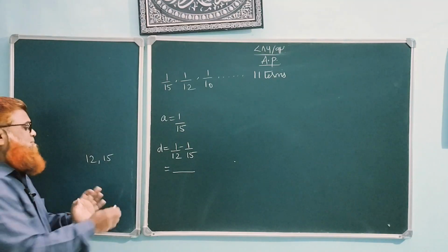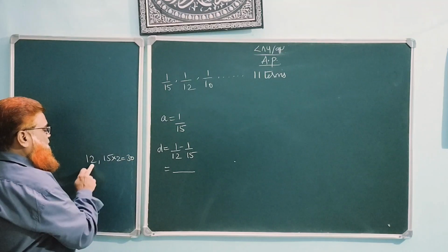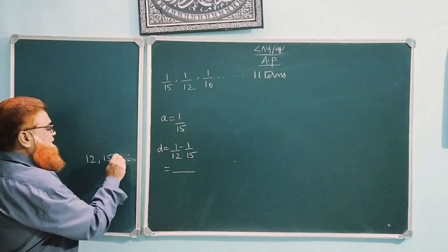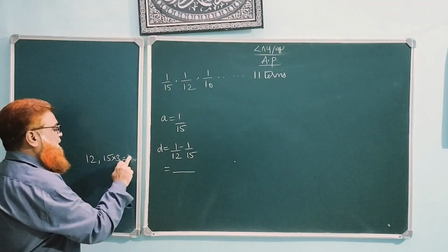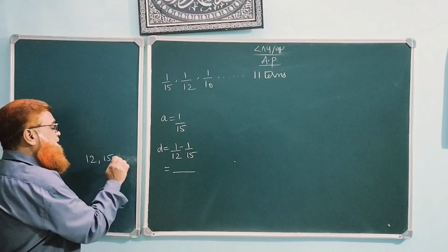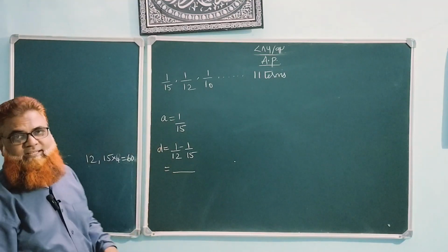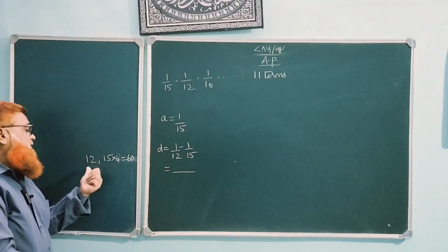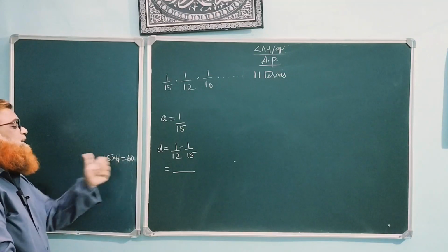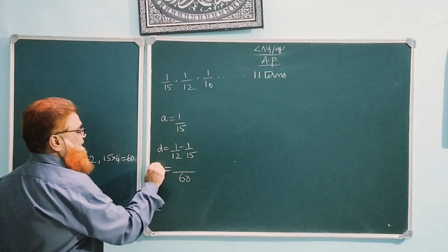That will be the LCM. 2 times 15 is 30, 12 does not divide. Multiply by 3, 45, again 12 does not divide. Multiply by 4, 60, 12 divides 60. Then we can say that the LCM of 12 and 15 is 60. Alright, I write 60 here.